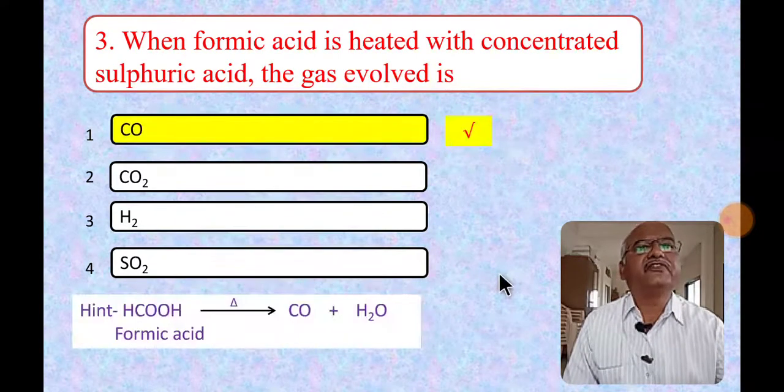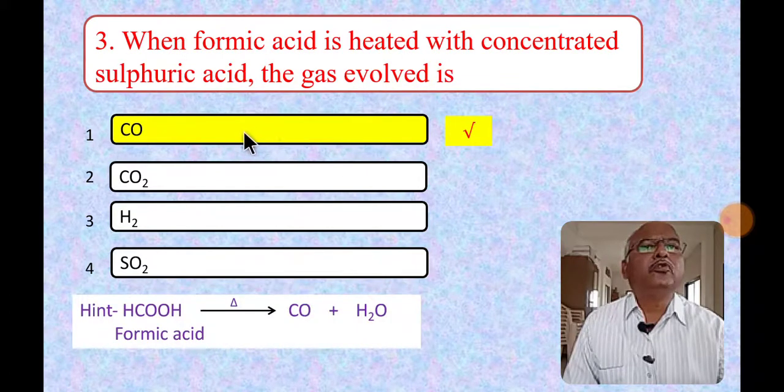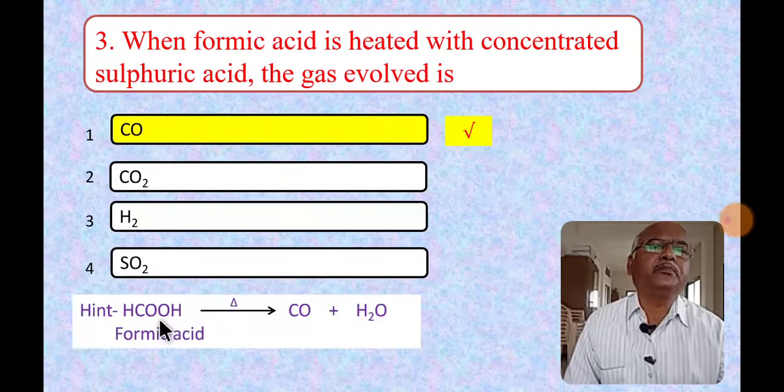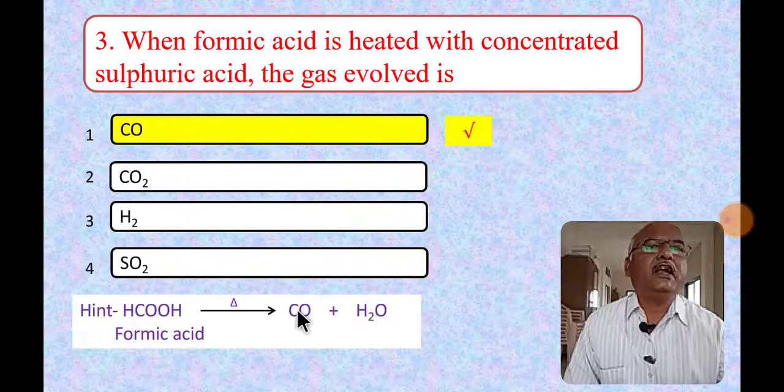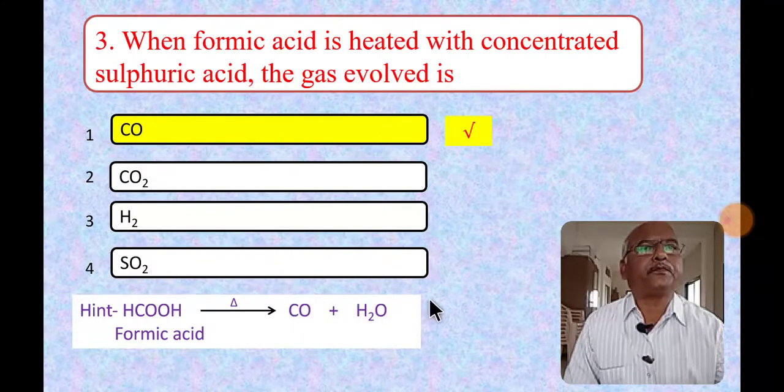Select the correct answer. Carbon monoxide is the correct answer. The hint is given at the bottom. When formic acid is heated, dehydration takes place and carbon monoxide gas is liberated.